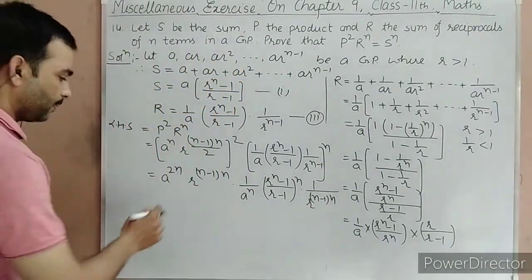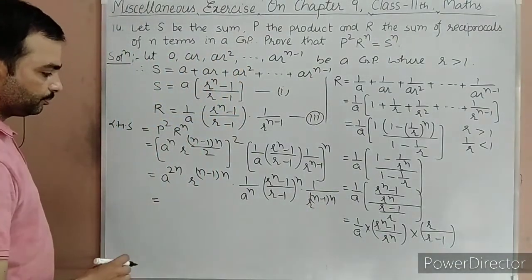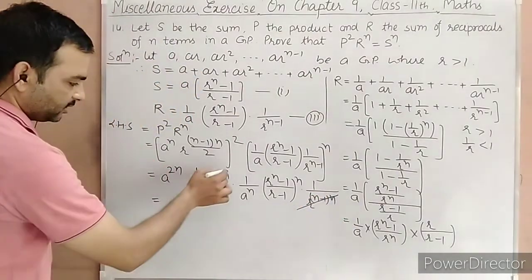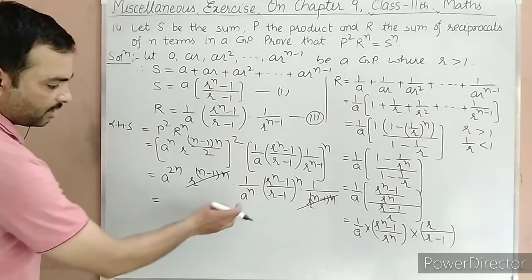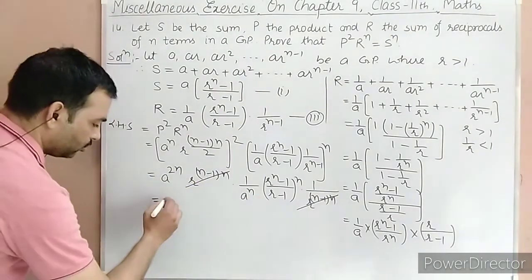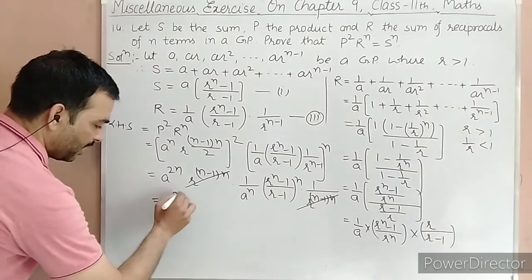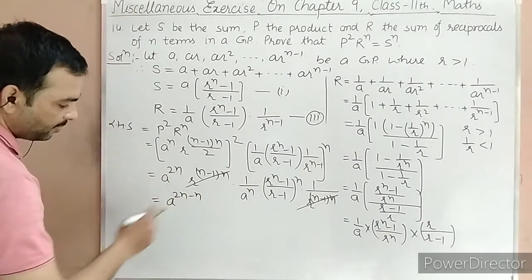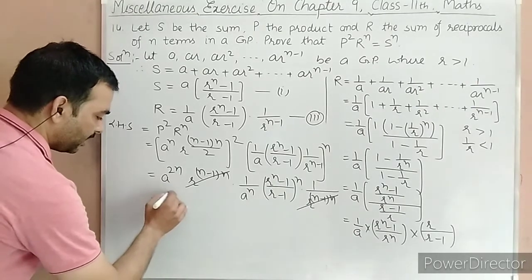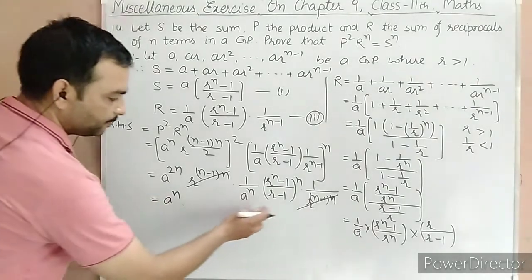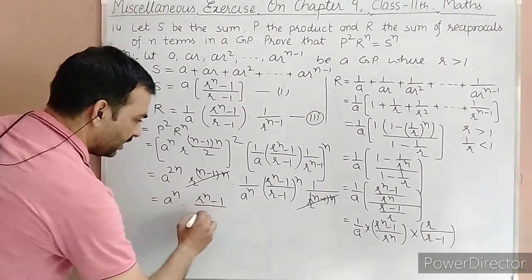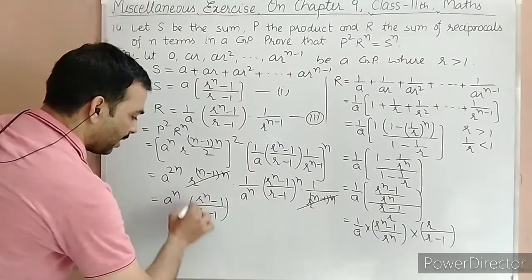Now it is again equal to, you can see this term and this term cancel out. A power n, here a power 2n, so we get a power 2n minus n, that is a power n. So I can write this as a power n and r power n minus 1 divided by r minus 1 whole power n.